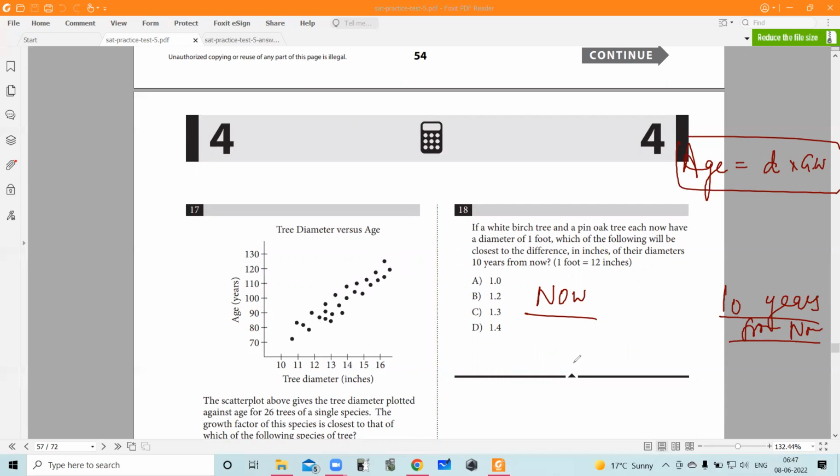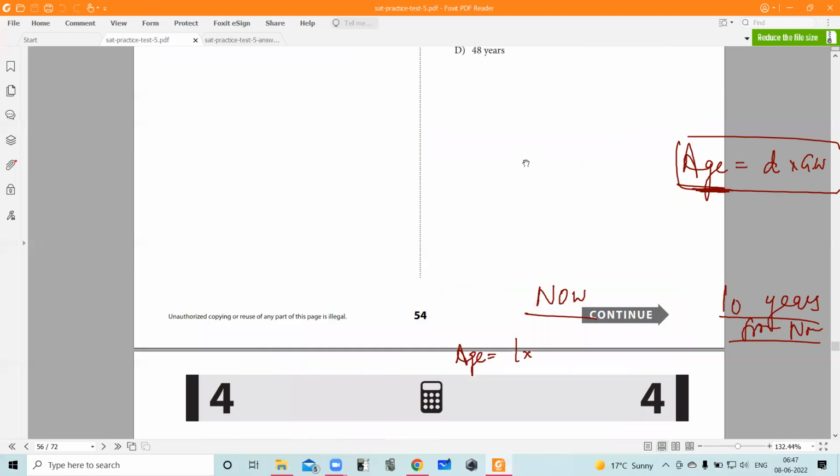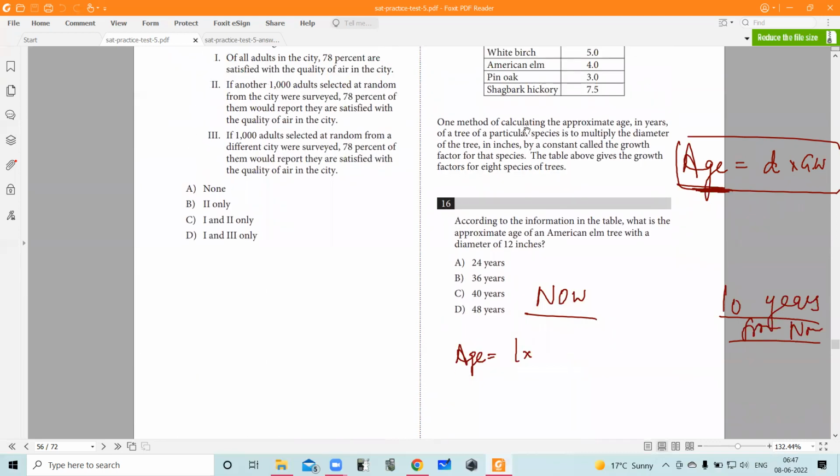Yes. Let's try to use the formula for getting the age. So the diameter for both right now is 1 foot, and it says inches, so maybe we should do 12. Let's analyze whether the question tells us the formula is in inches.